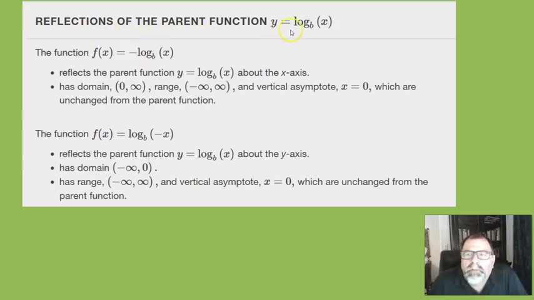Reflections of the parent function y equals log base b of x. The function f of x equals negative log base b of x reflects the parent function about the x-axis. If you think of log base b of x as the y value and you multiply it by -1, it flips it over the x-axis.